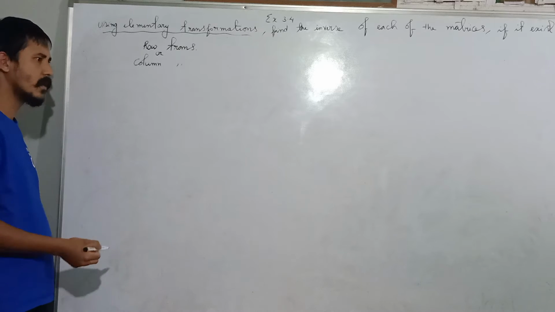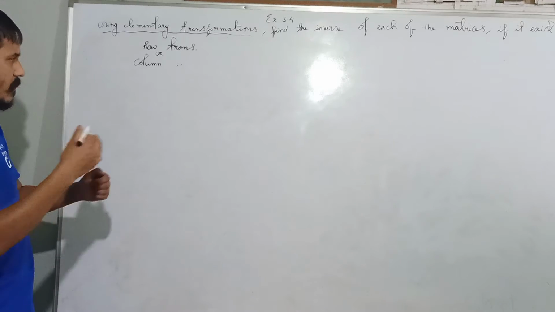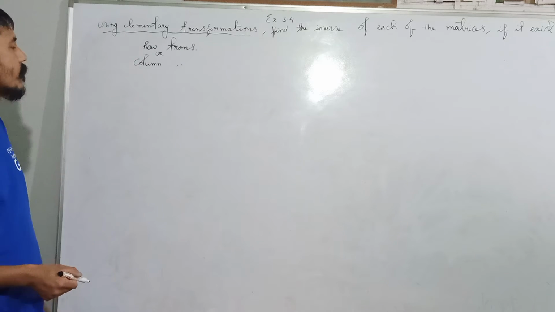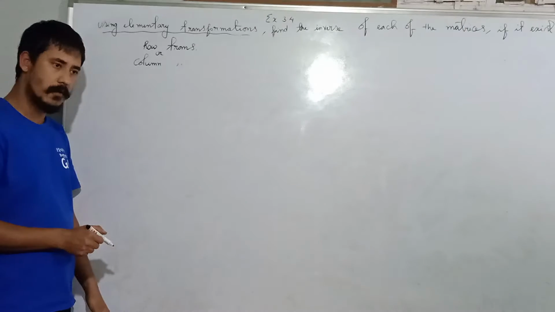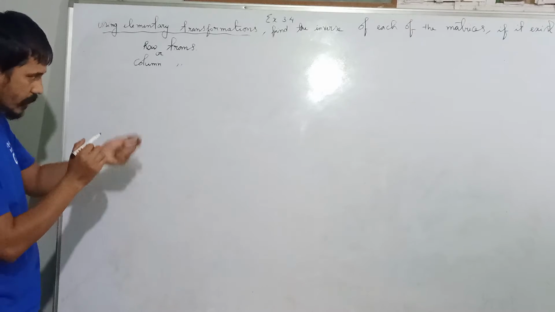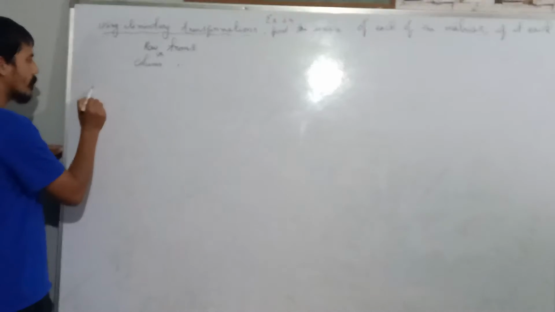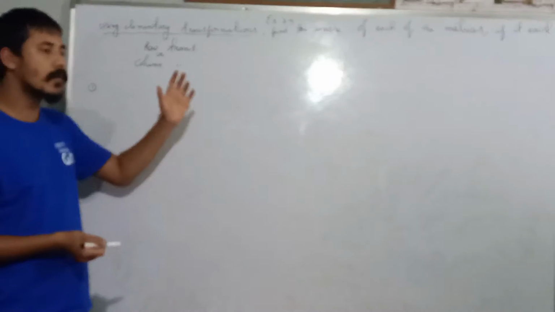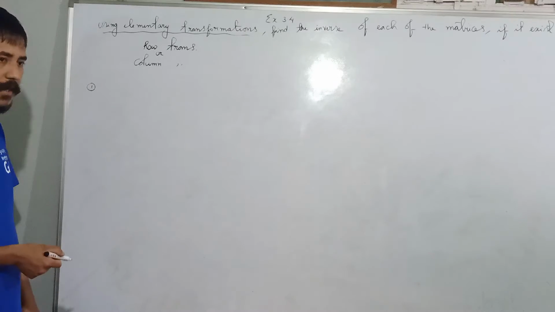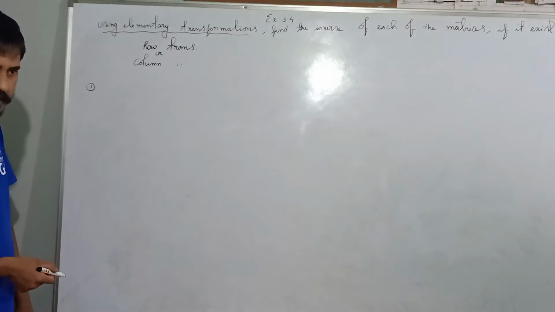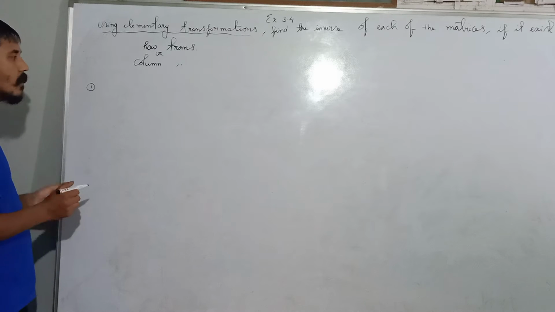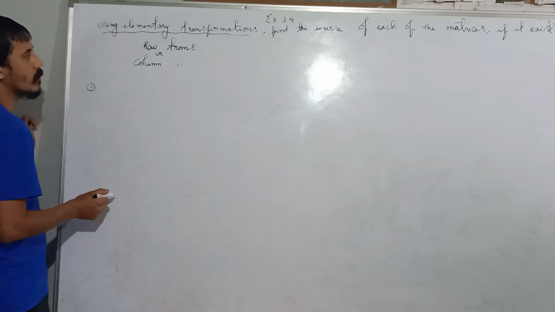There are 6 rules, 3 rules for rows and 3 for columns. The first one is you can interchange any 2 rows or you can interchange any 2 columns.